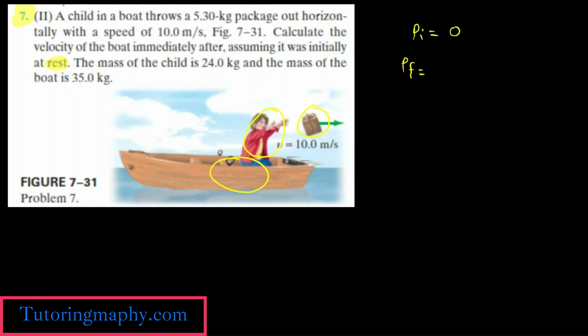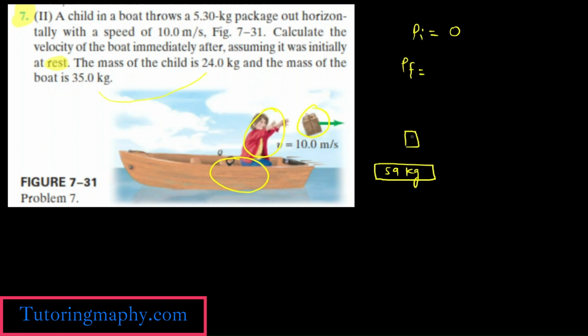But the boy and boat are going to move with the same velocity. Boy plus boat is 34 plus 35 plus 24, which is 59 kilograms. That's one object for us.